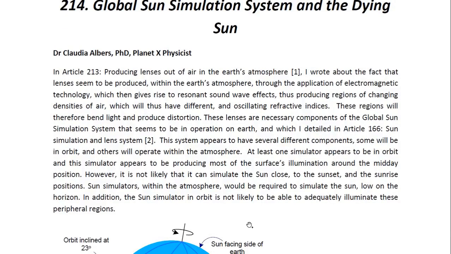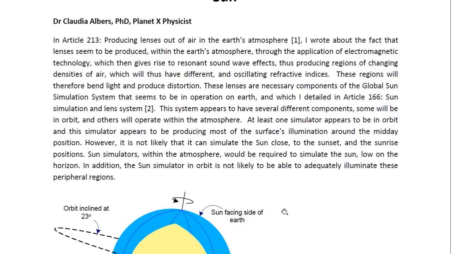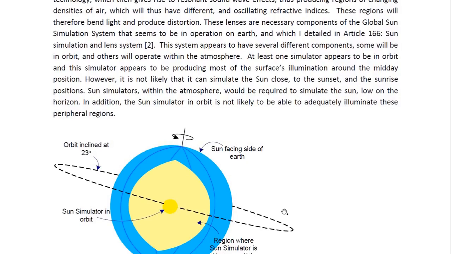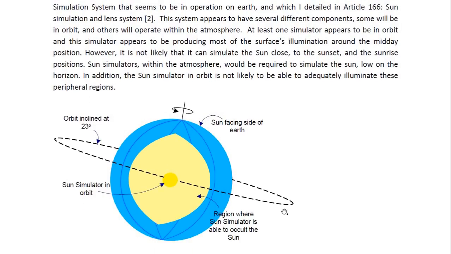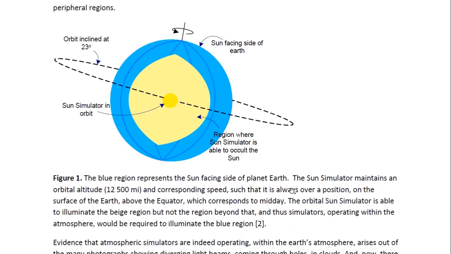However, it is not likely that it can simulate the sun close to the sunset and the sunrise positions. Sun simulators within the atmosphere would be required to simulate the sun low on the horizon. In addition, the sun simulator in orbit is not likely to be able to adequately illuminate these peripheral regions.